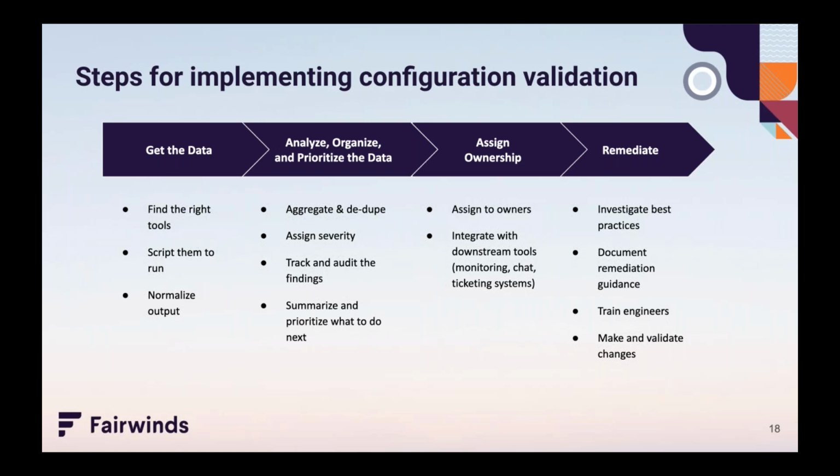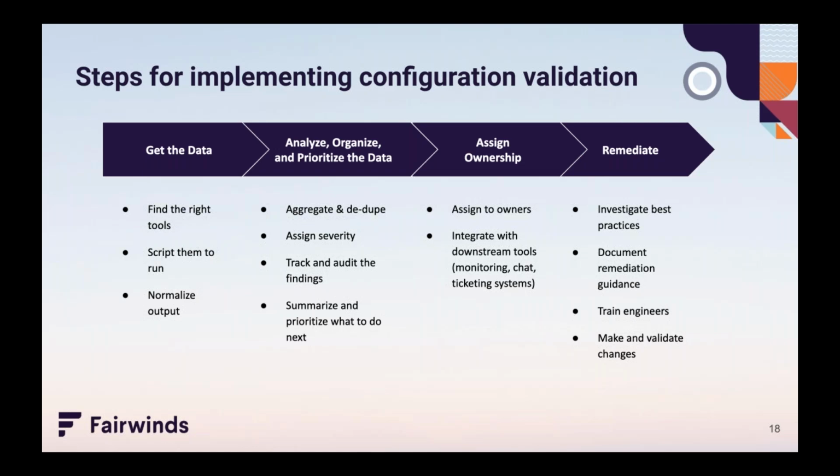Now, once you get that data, it's important to not just run the tool once and get the data. It's important to be able to get the data and analyze it, organize it, and then prioritize it so that you can understand what the next steps are. And with this data, we all know that getting everything into one place and then understanding what the most important thing is can be a very time-intensive process.